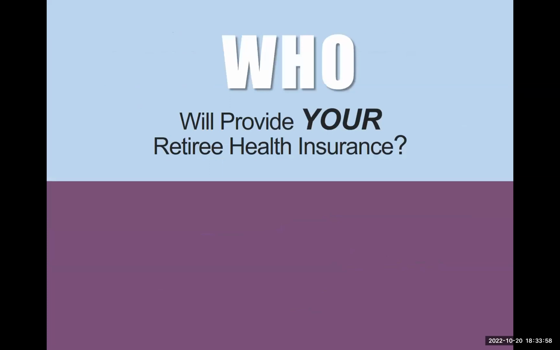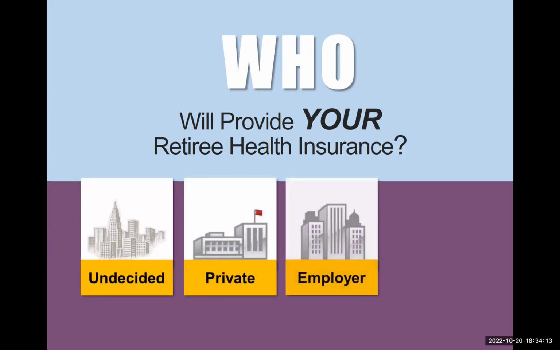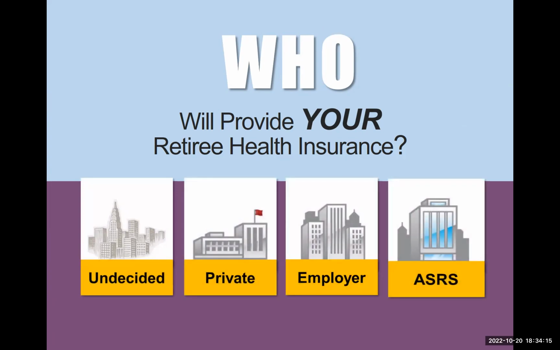All right, so there are options available and members should research all of these options within a year of retirement, in the calendar year that you are retiring, for your health insurance. So many of you are probably undecided. Some of you are going to go maybe with the Marketplace, the Affordable Care Act, otherwise known as Obamacare.